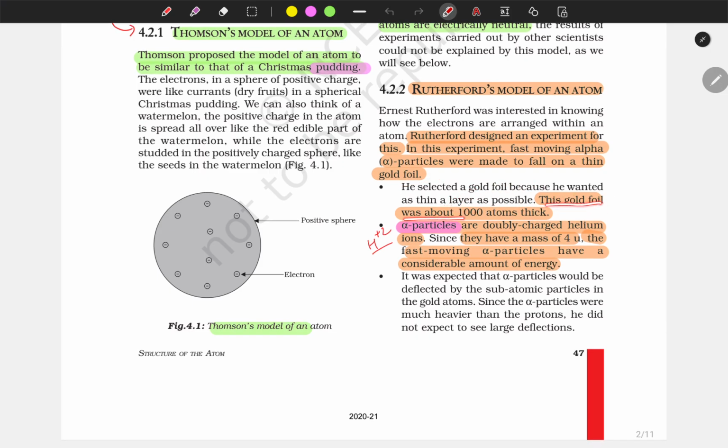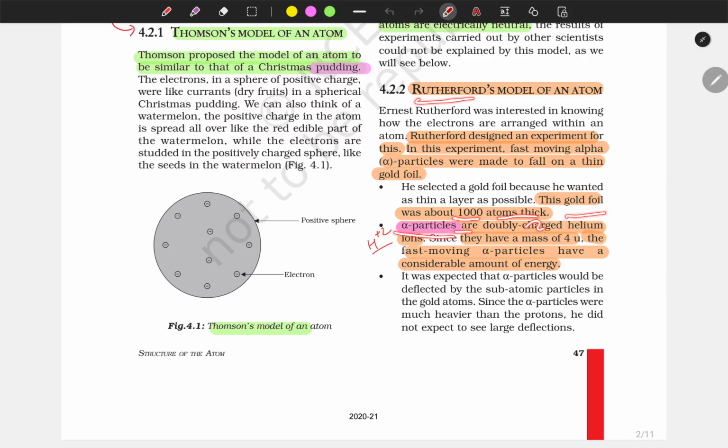This gold foil was about 1000 atoms thick. You know, gold is a material which can be beaten into a very thin sheet. So the gold foil used by Rutherford was 1000 atoms thick.